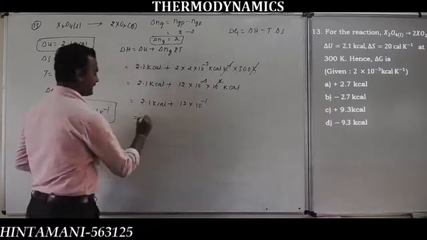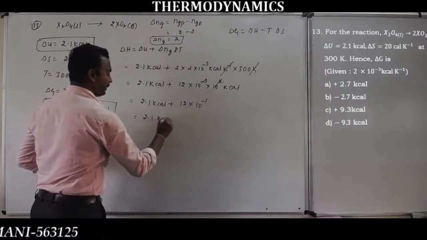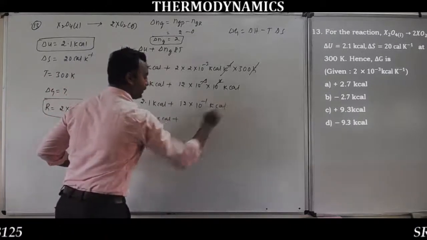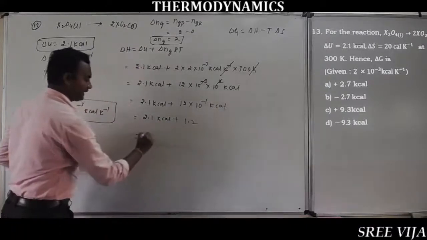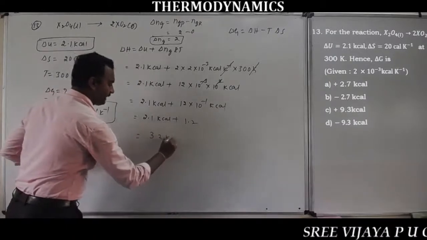So that is equal to 2.1 kilocalorie plus 1.2 kilocalorie, that is equal to 3.3 kilocalorie.